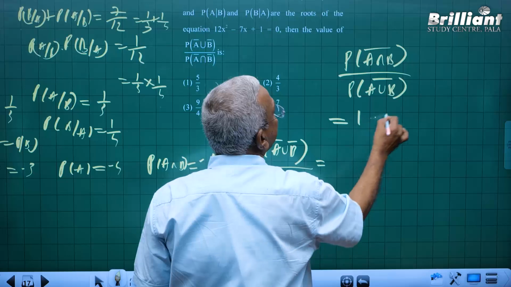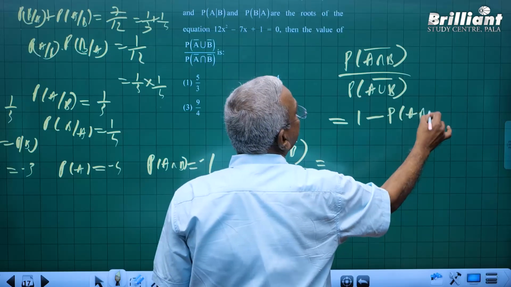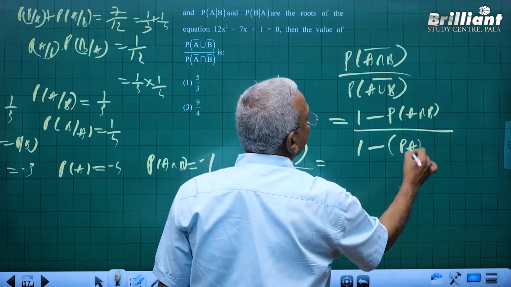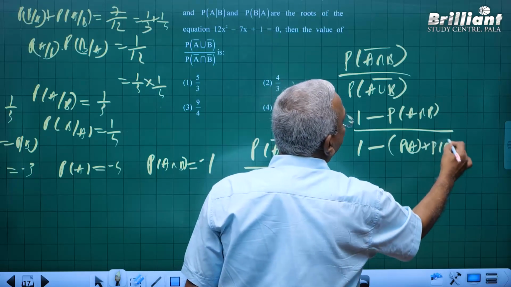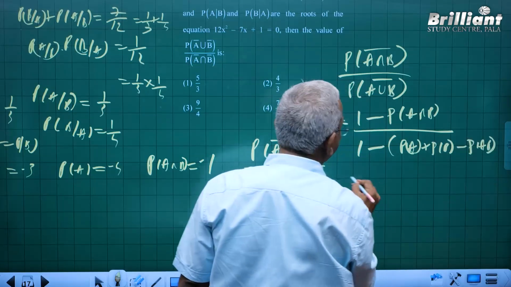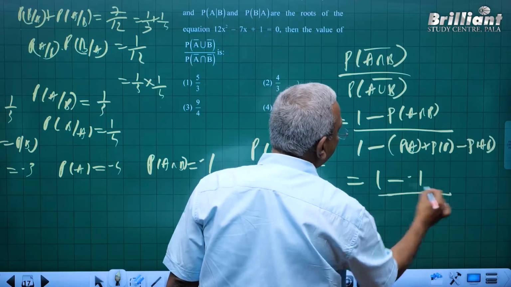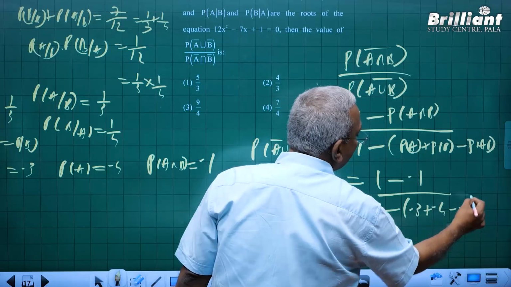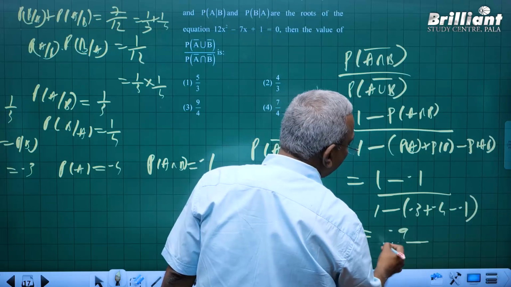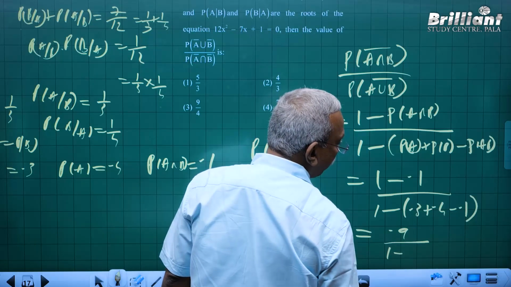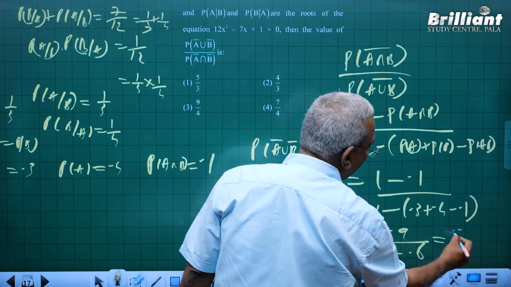So that's equal to 1 minus P of A intersection B, you know the number, divided by 1 minus P of A plus P of B minus P of A intersection B. You know all this. It is equal to 1 minus 0.1 divided by 1 minus of 0.3 plus 0.4 minus 0.1. That is equal to 0.9 divided by, this we can see, 1 minus 0.6, which is equal to 9 by 4.